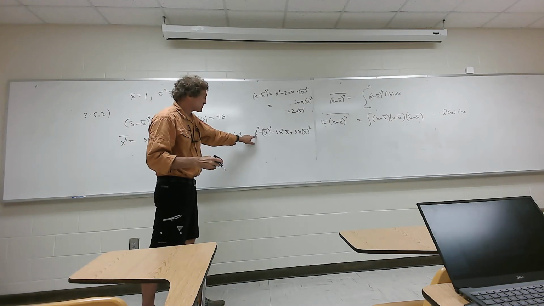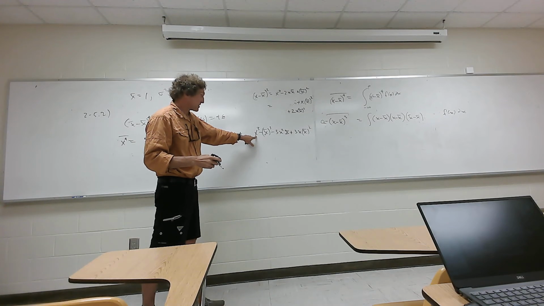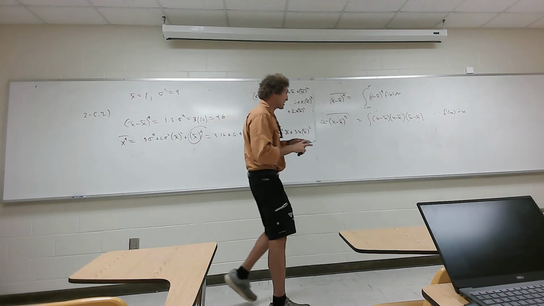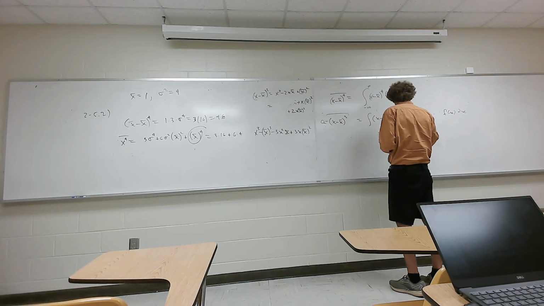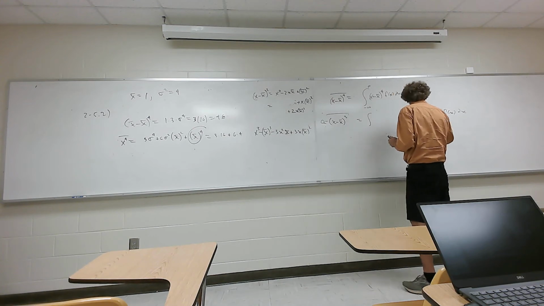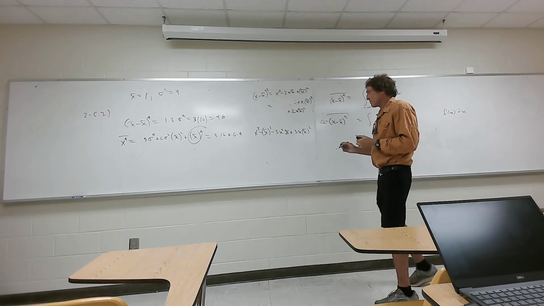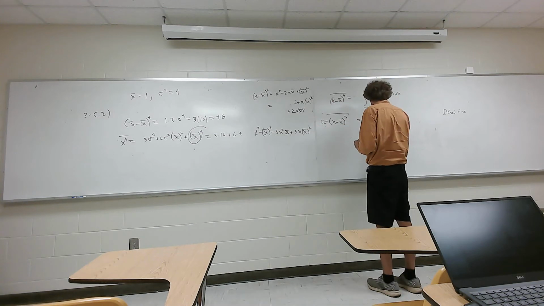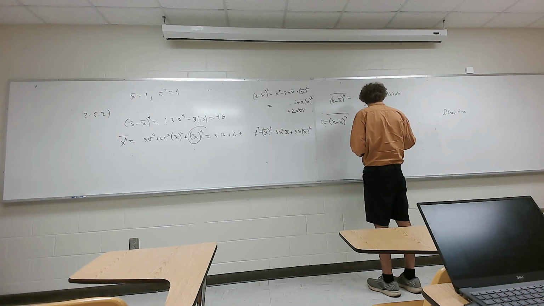Now remember, I want this one when everything's said and done, and that's what I'm after. So now I put this in here. I'm not a real fan of doing this, but I'm going to do it this way. So my highest order is x cubed. That's the one I want, times f of x. I'm going to break that off by itself, dx, from minus infinity to infinity.